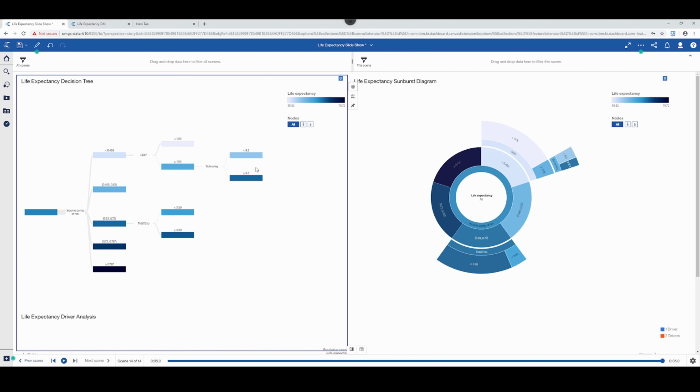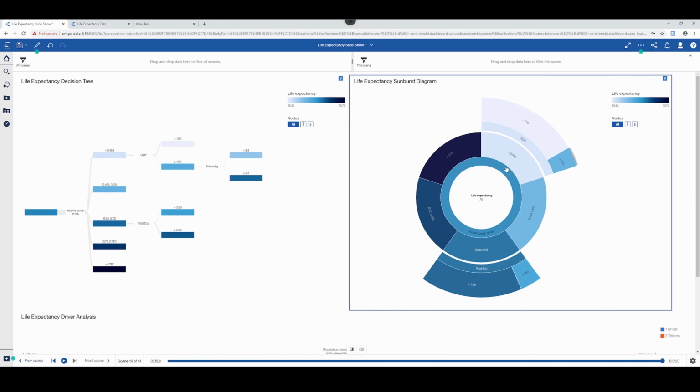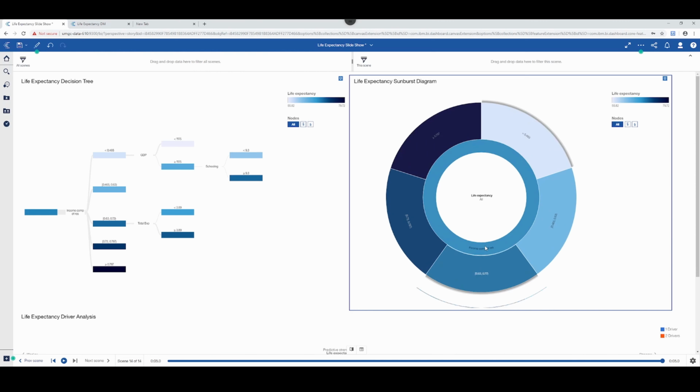So again, we have a life expectancy sunburst diagram. You can see the split out of data, how much data fits in each category. This one's very similar to the first one since it's using that Human Development Index as the first split of data.